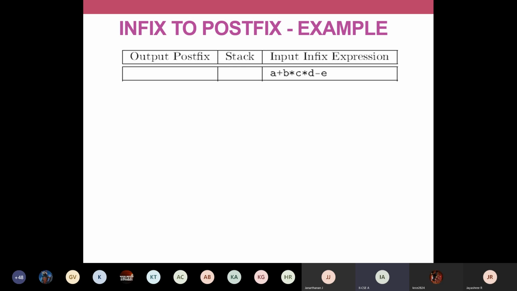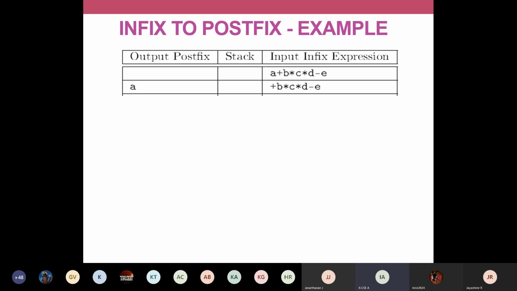The second column is your stack. In our stack, we are going to place only the operators, and in your output, we are going to place the operands first. To begin with, when I'm having the token A, I'm going to write it into the output.